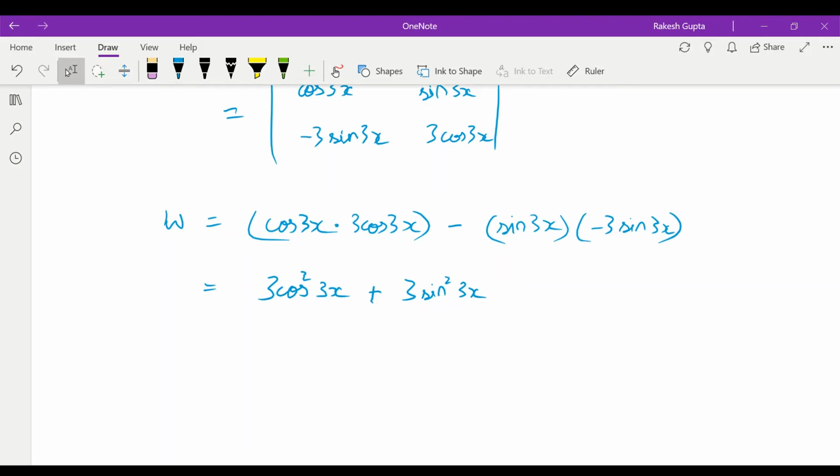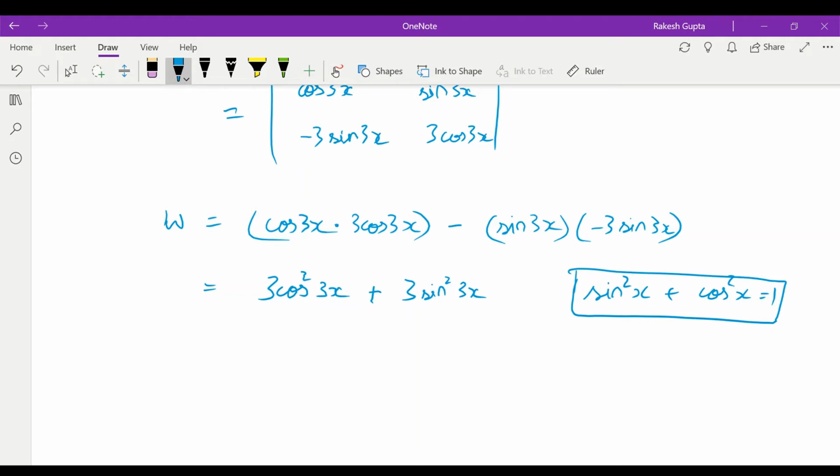According to the identity sin square x plus cos square x equal to 1, we take 3 common out of here, and we get cos square 3x plus sin square 3x, which is going to give us 1. So we have the value of w as 3.